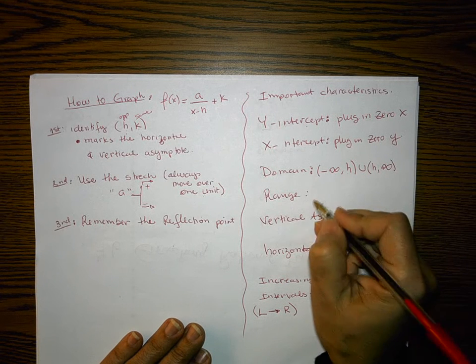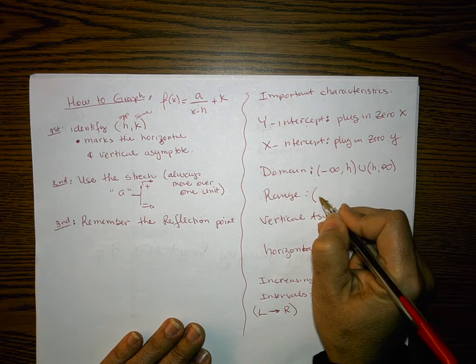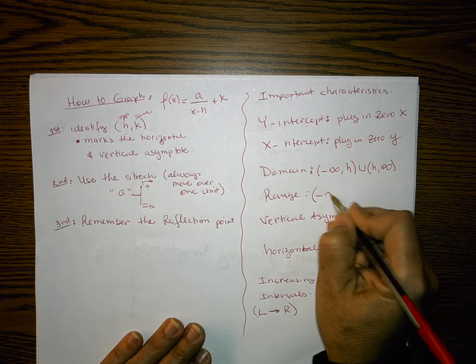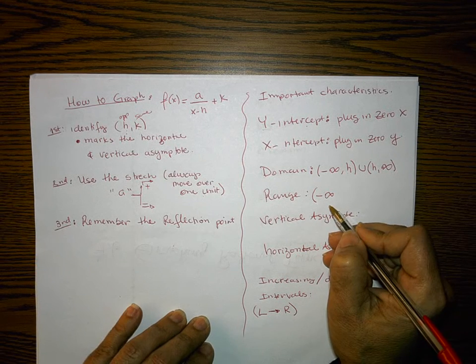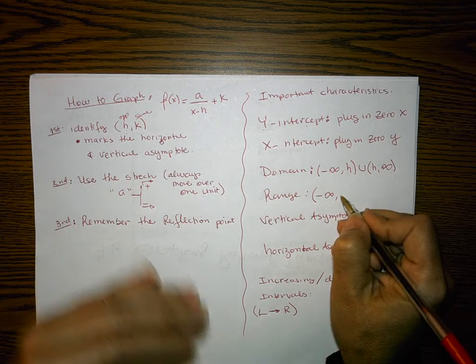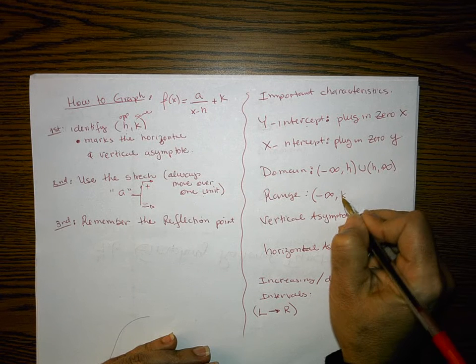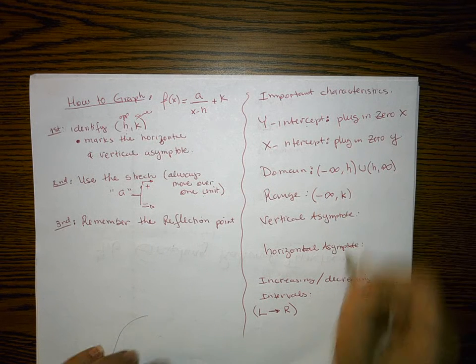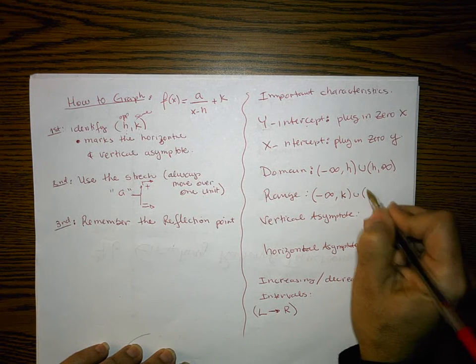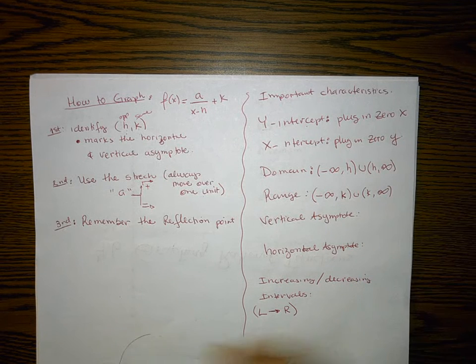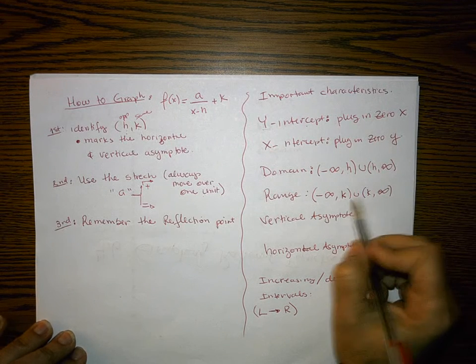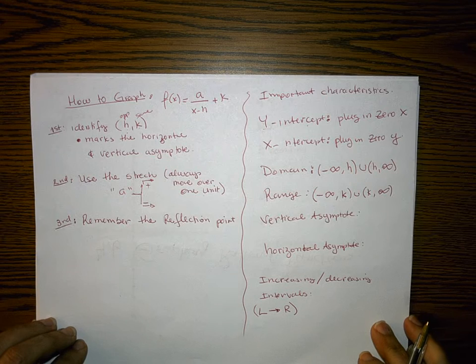The range behaves in a very similar manner. It comes from negative infinity, the lower y values, and then it jumps at that k value, the asymptote, and then continues with the union from k to positive infinity. So it has to jump over that k value and that h value, okay?